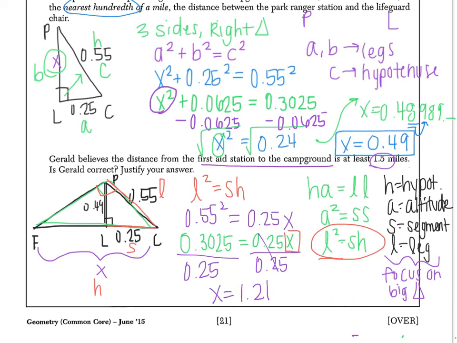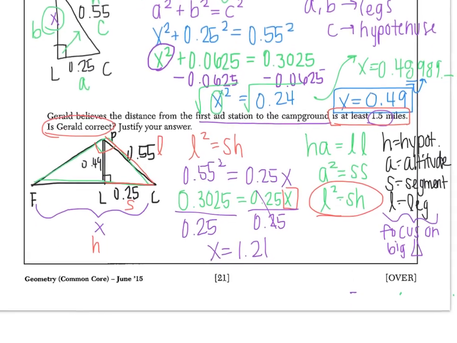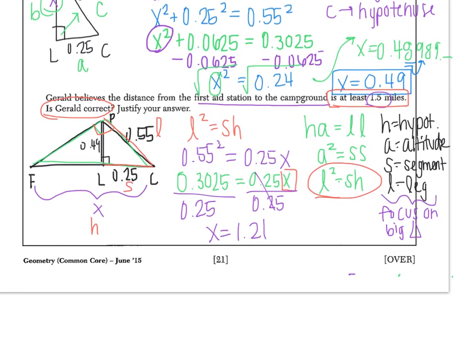1.21. Now it's great that we found an answer for this value, but remember we're asked if Gerald is correct about his conclusion that there are at least 1.5 miles between the first aid station and the campground. So we actually have to say yes or no. If you find 1.21 and you leave the answer like that, you're only getting partial credit.